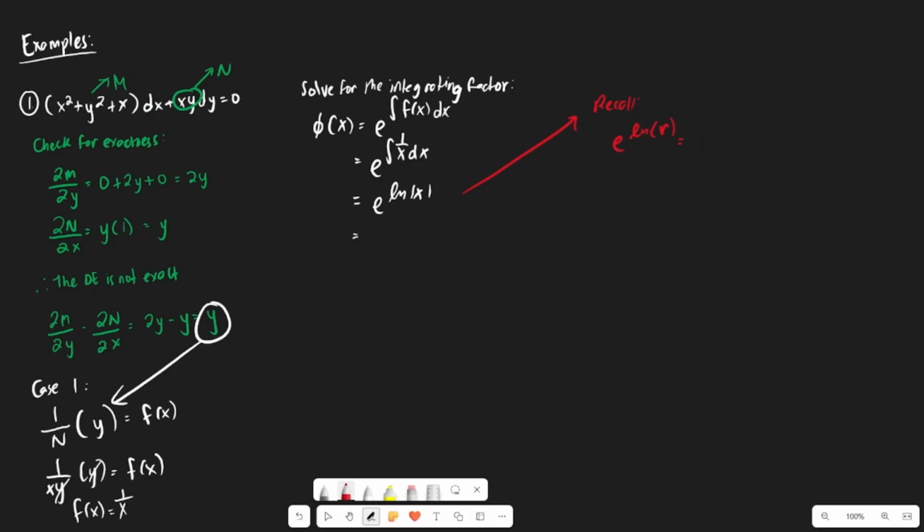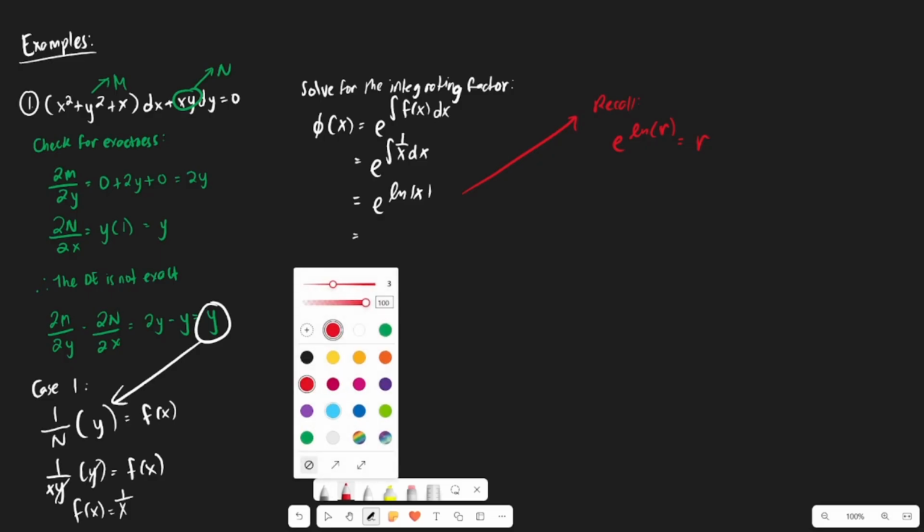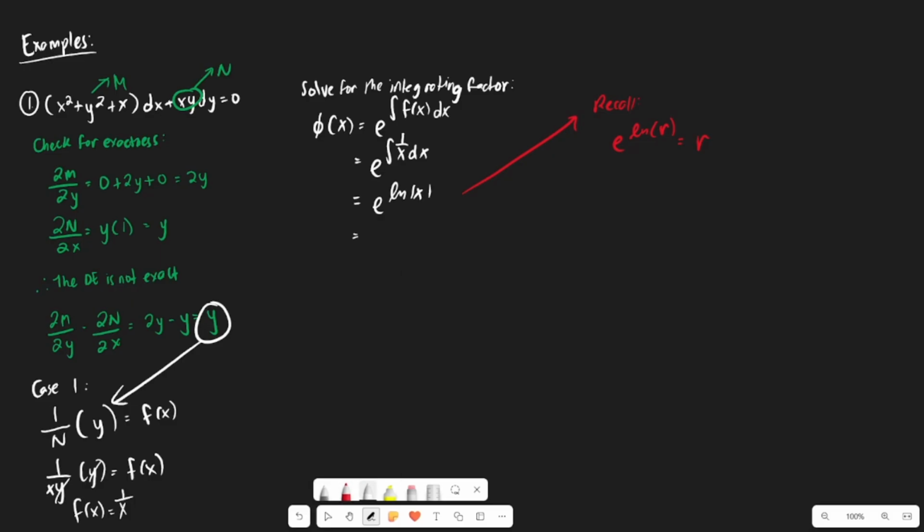So we just bring down the r. In our case, we now have x, since we bring down the x using this property. So now, multiply the integrating factor to our differential equation.